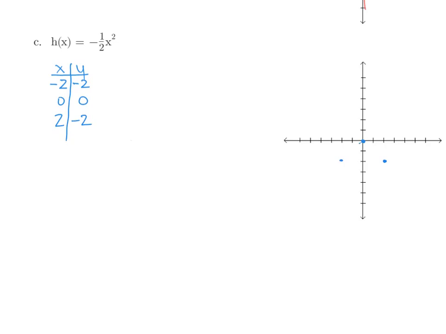And so now if we go ahead and graph this, remember that this does need to be a curvy V. We should get something like this. So just like in the previous problems, we have vertex, y-intercept, and x-intercept are 0, 0.